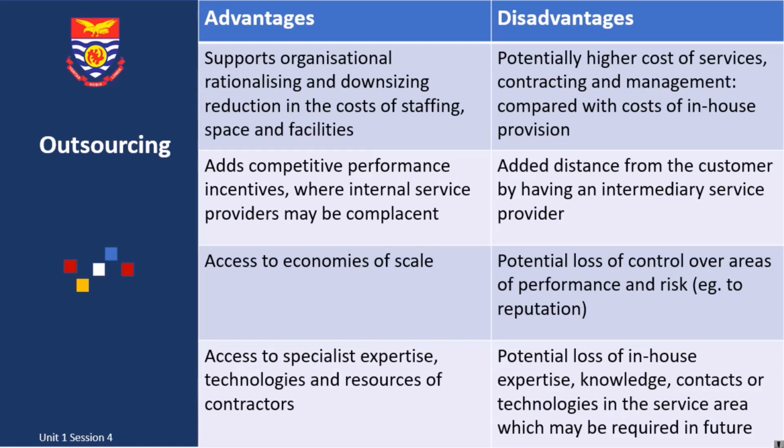An advantage is also that it enables access to specialist expertise, technologies, and resources. However, a downside is that it might lead to potential loss of expertise because the firm might lose sight of how they used to provide those services in-house.